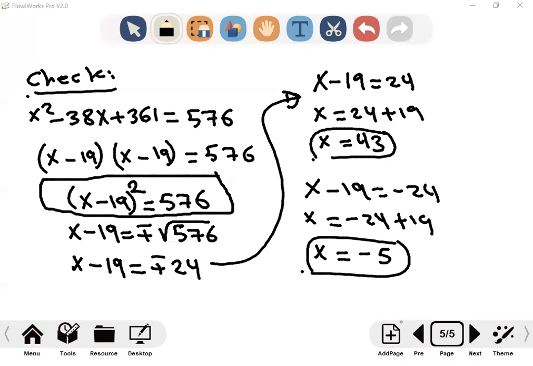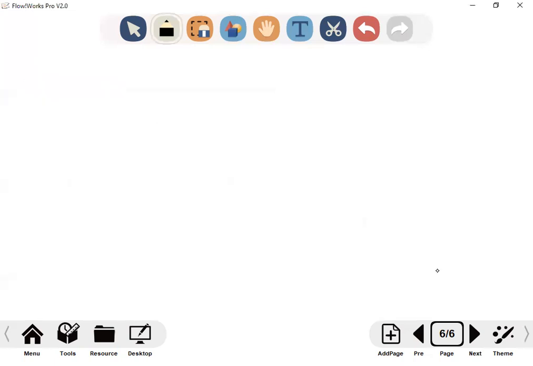Example 2. See example 2, guys, with me, please. Solve x power 2 plus 24x plus 144 equal 192 by using the square root property or completing the square.